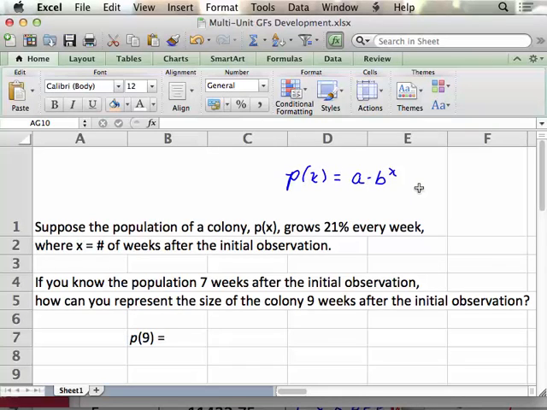So without creating the function, can you write an expression for what P of 9 would be, the population after 9 weeks, given this information? Okay? So you know the population after 7 weeks. It's growing 21% every week. How can you write P of 9? Think about it. See what you come up with. Go.